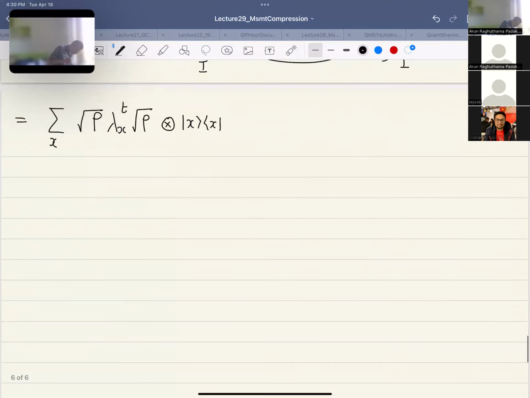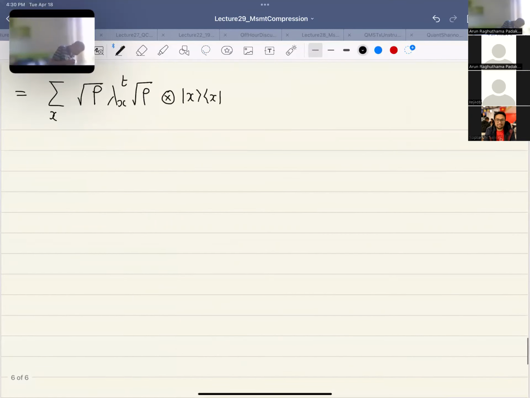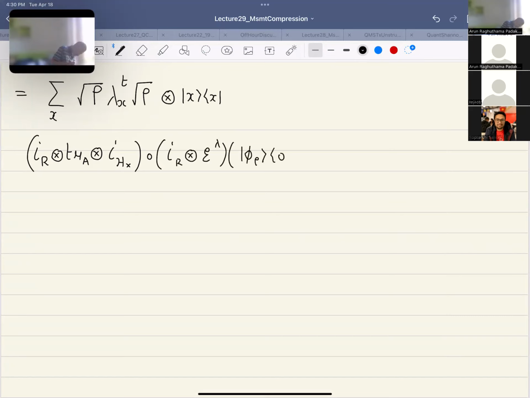Okay. So essentially what we have got is IR tensor trace A tensor IX operated on IR tensor E lambda operated on phi rho.